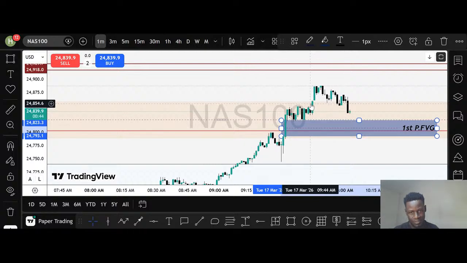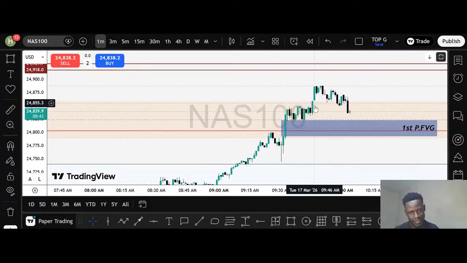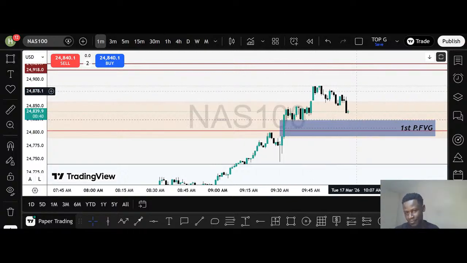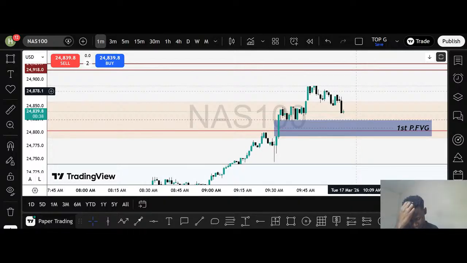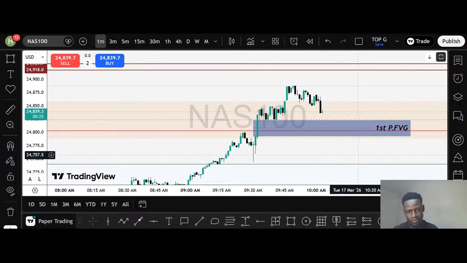So now the fact that we are trading below this level, that's kind of something. But let's wait and see how it's going to react to the first presented fair value gap.